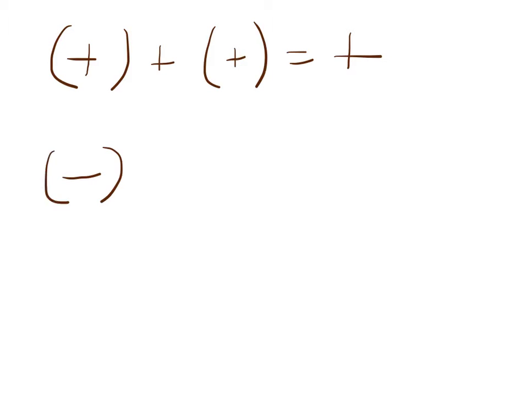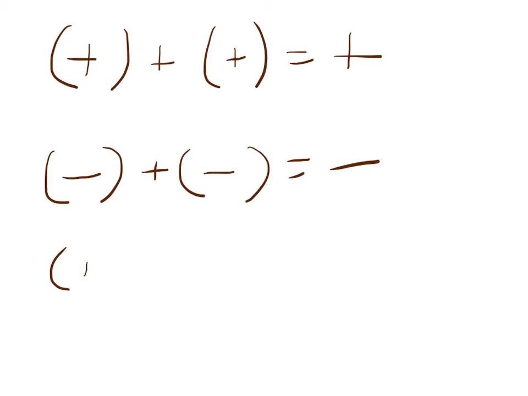All right, if you add a positive number plus another positive number, your answer will be positive. If we were to add, say, two negative numbers, a negative number and another negative number, we know that they're going to be negative.